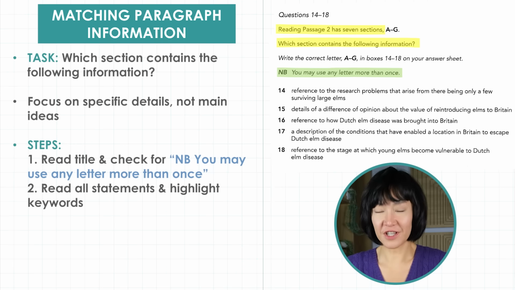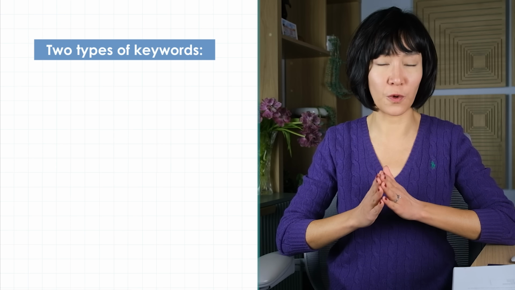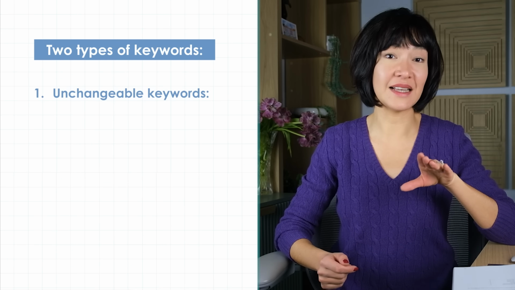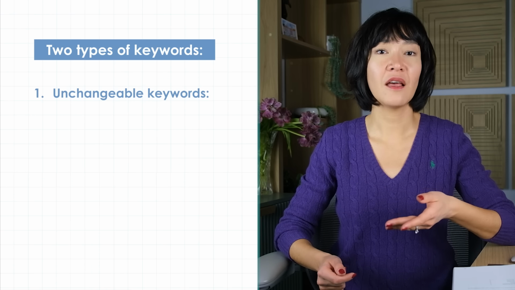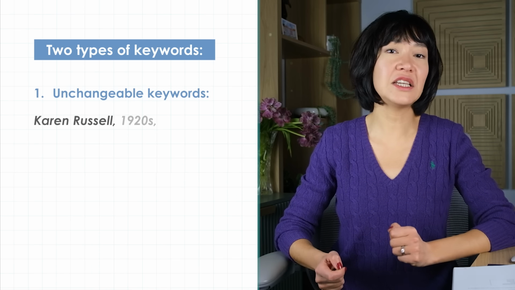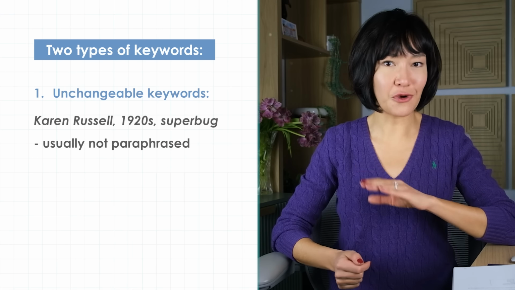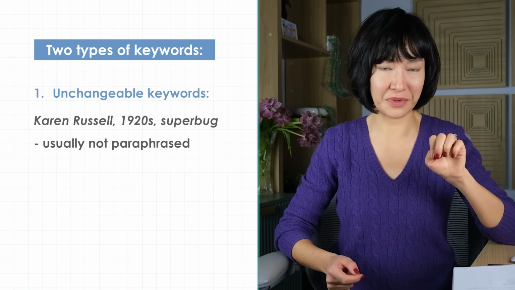To do this efficiently, it helps to separate 2 different types of keywords. Some are unchangeable. These are names, dates, and special terms like Karen Russell, 1920s, or superbugs. These are usually not paraphrased, so you can scan the passage to find them quickly.